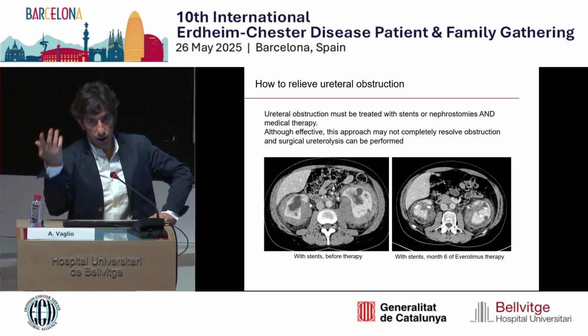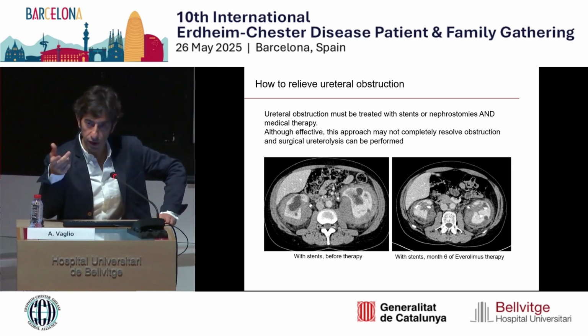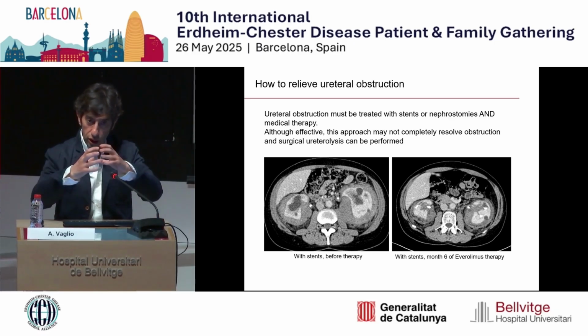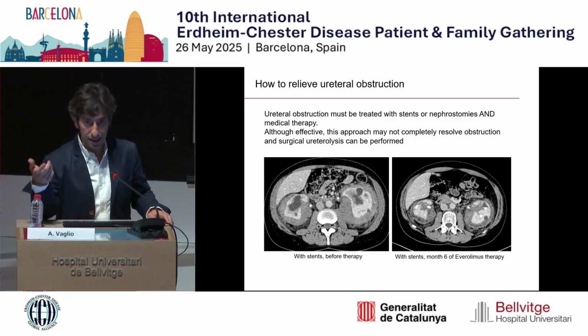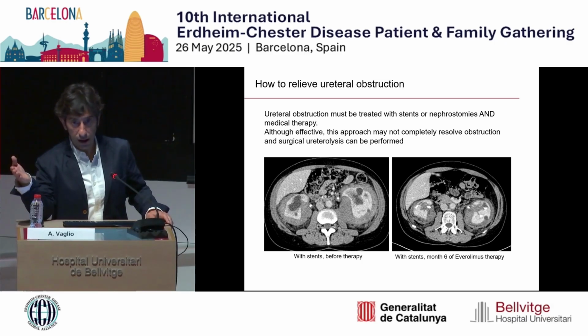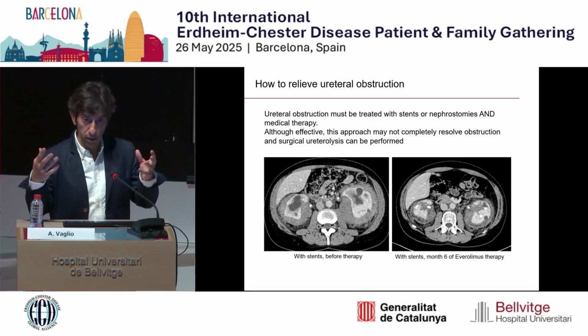So if you just put a stent, you can relieve the kidney, that's okay, but the cause of the stricture remains. If you put a nephrostomy tube, that's the same story. But if you do these procedures and you start medical therapy right away, then you're likely to have a relief of obstruction which is more permanent over time.